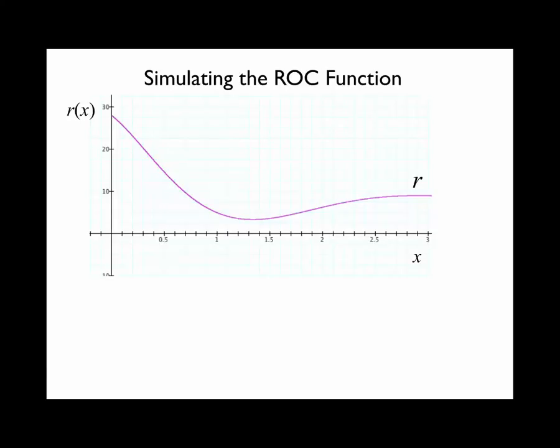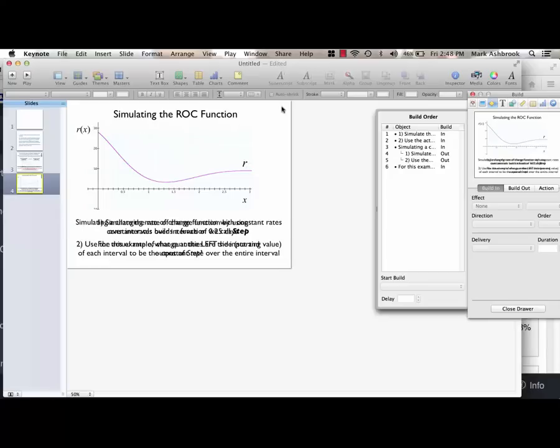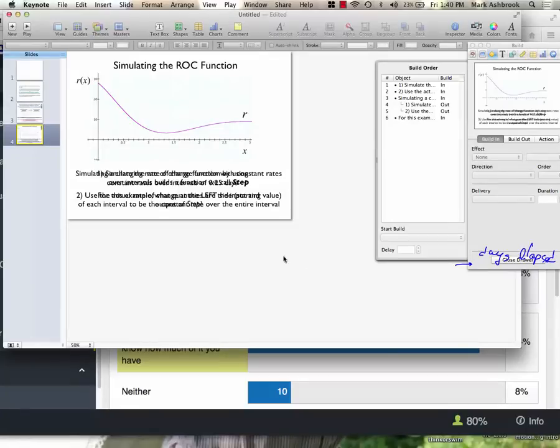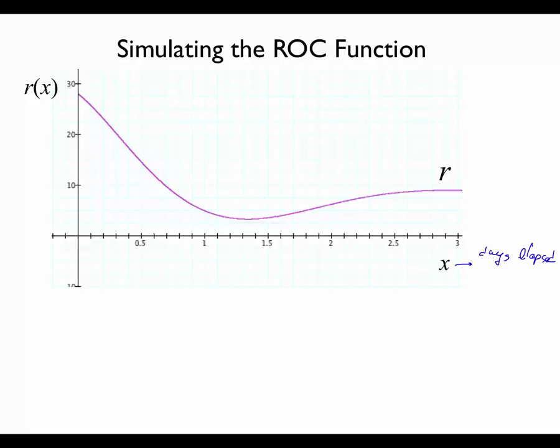Okay, and so this is where the class video picks up. Okay, let's go back here. So we have the rate of change of oil. Our independent quantity is days elapsed since oil started leaking.